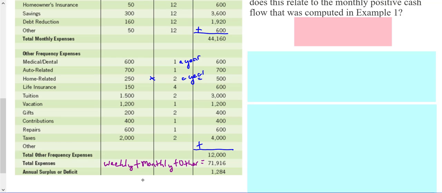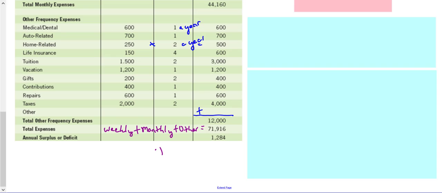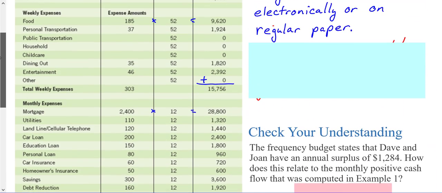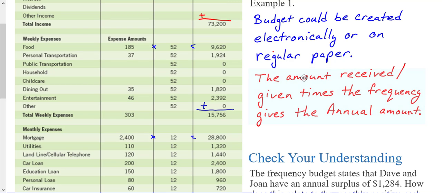And then the annual surplus or deficit, this would be your total income minus total expenses. And you want this number to be positive, so that way you know that the amount that you're bringing in income-wise is more than money you're paying out for expenses.